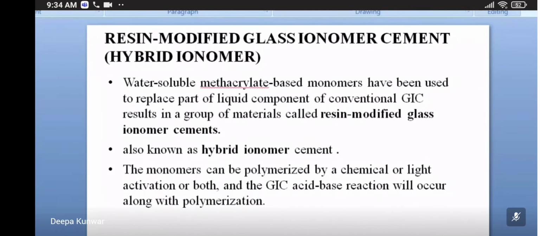Also known as hybrid ionomer cement, the monomer can be polymerized by chemical or light activation or both, and the GIC acid-base reaction will occur along with polymerization.